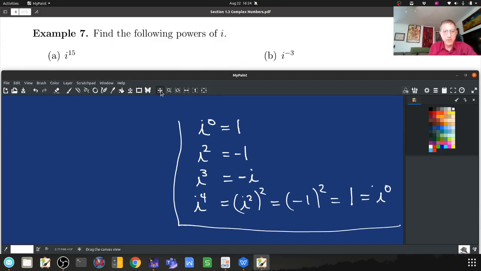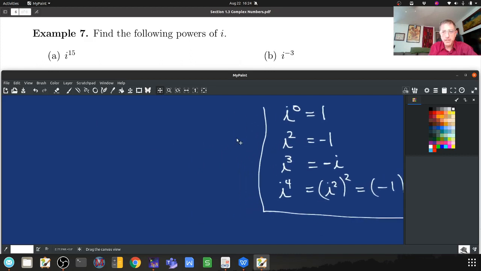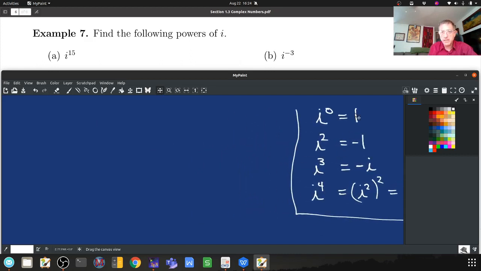So we'll do this one. Just remember, i to the 4th is equal to i to the 0th.